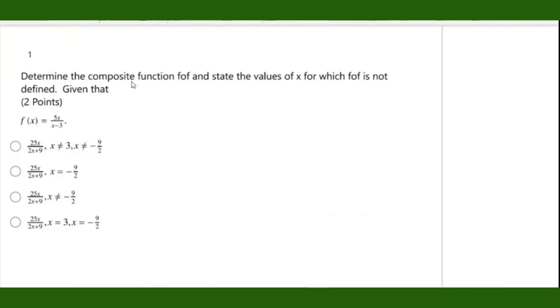Okay, there are 2 questions to answer from this one. The first is to determine the composite f of f. The second is to state the values of x for which f of f will not be defined. We are referring to our function f(x).